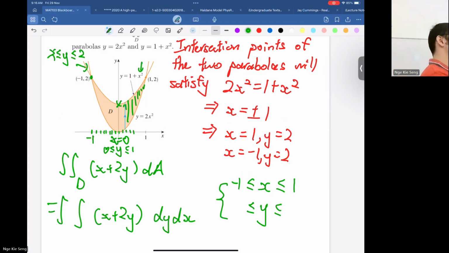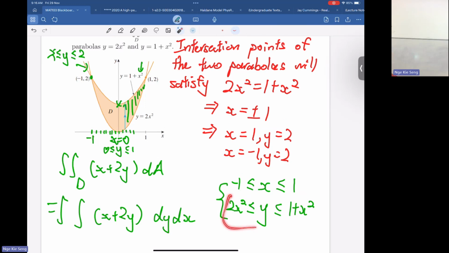What about 1 plus x squared then? Yeah, a function. So 1 plus x squared is the upper bound for y, and then the lower bound for y is just 2x squared.